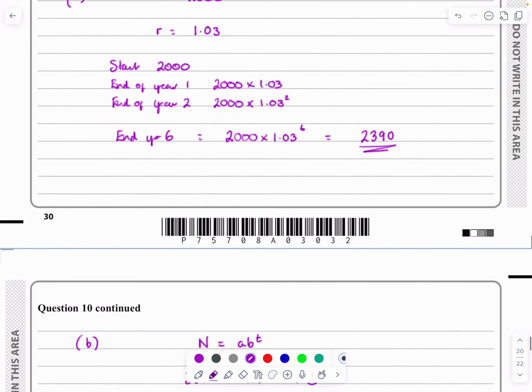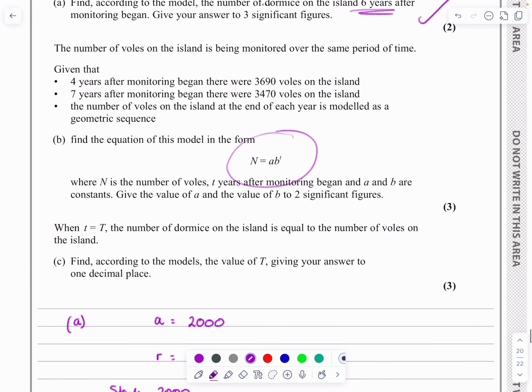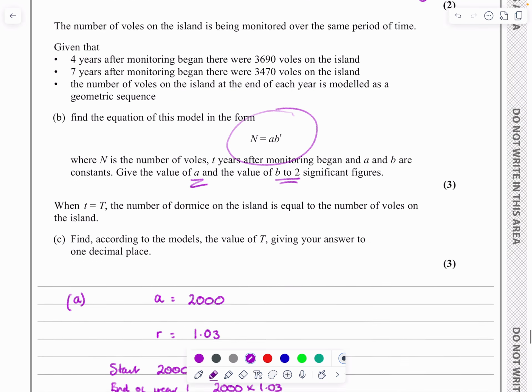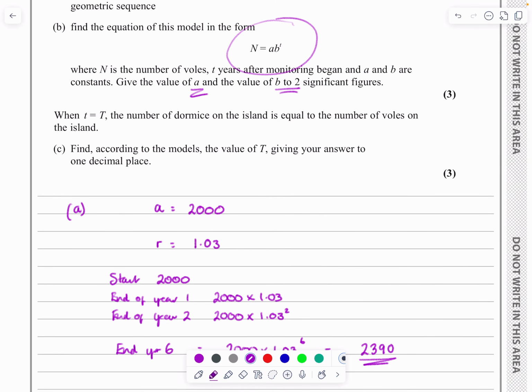to the t. So when we're going back there, it says, can we find the equation of this giving A and B both to 2 significant figures, and I've done that for that answer. So part C, it says when t is equal to capital T here, the number of dormice is equal to the number of voles.